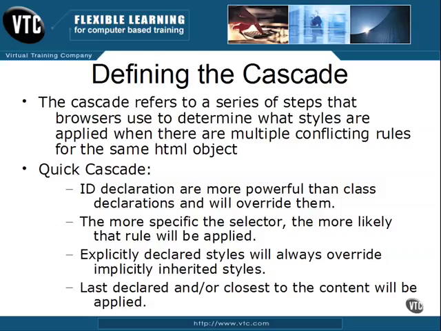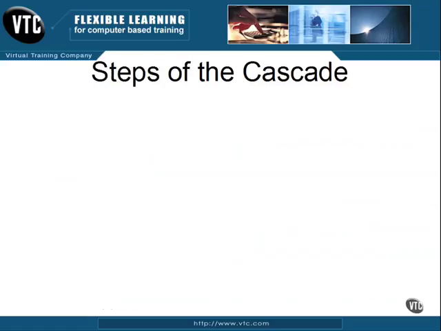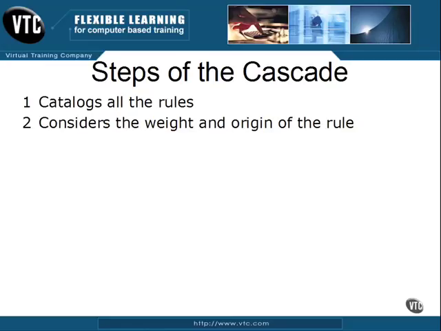Now, these are general guidelines that are typically enough to figure out what's going on in the cascade a great deal of the time. But it's still a good idea to know the actual way the cascade is performed. The cascade is performed in these steps. The first step is it's going to catalog all of the rules. The second step is it's going to consider the weight and origin of the rule.